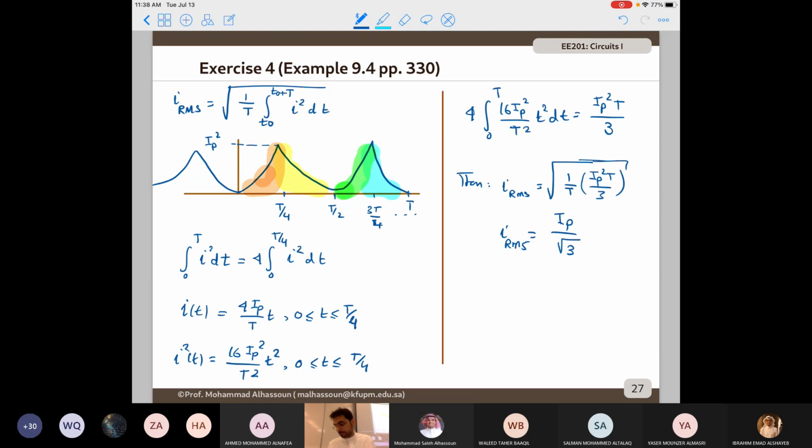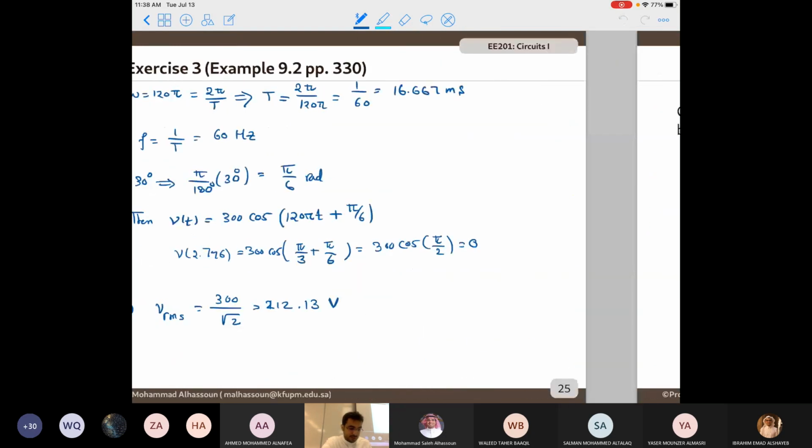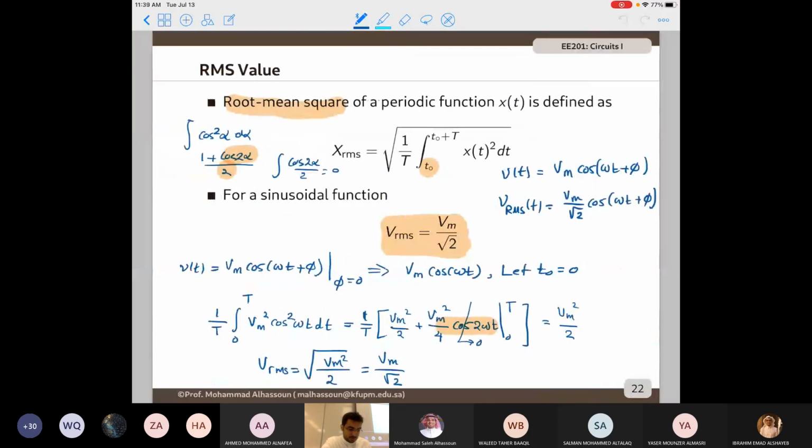Yasser? Yes, Doctor, I did not get why the function of I is I squared. The function of what? I RMS is I squared, or the function inside the integral? The function inside the integral, because I'm interested in I squared, because this is the definition of the RMS. You take the function, square it, integrate it.